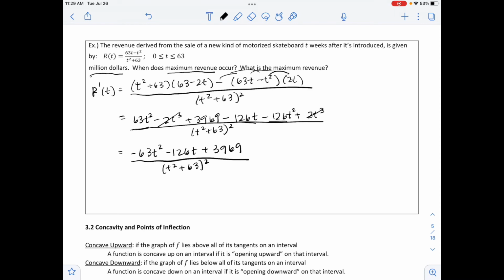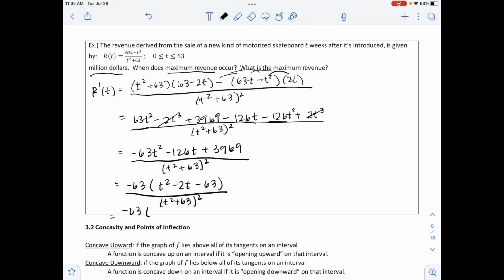From here, we're able to factor out a negative 63, and we get t squared minus 2t minus 63 all over t squared plus 63 squared. And then we're actually able to factor that numerator. So this is going to equal negative 63.